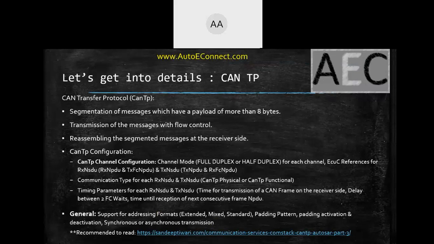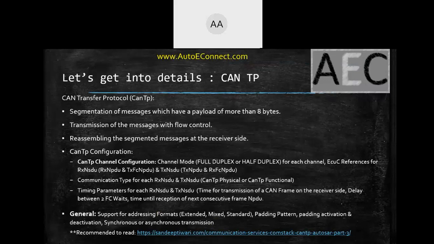Then we go for the segmentation of these messages, and this is supported by the CAN TP. CAN TP is responsible for separating the message into different segments, transmitting them with flow control, and on the receiver side reassembling them, joining them together, and giving the complete information back to the module that is trying to use it. These are the respective functionalities of the CAN TP module.